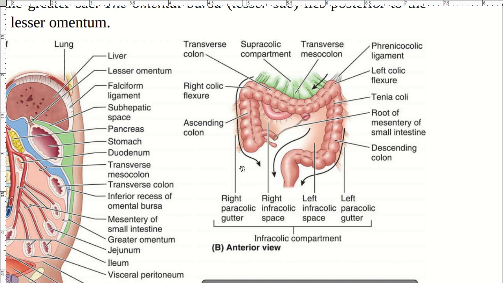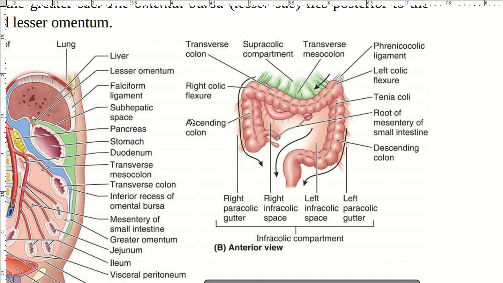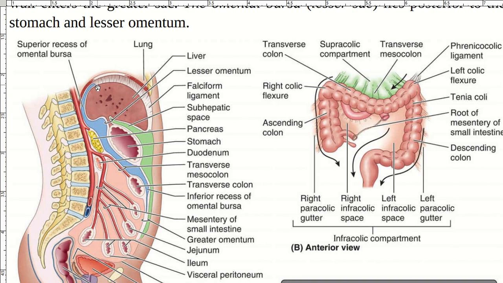You can actually see this pus going to reach your subphrenic recess, right? We also have what is called a subhepatic space, and a subphrenic recess, and yeah, so you can have your pus or your abscess from your appendix moving via these paracolic gutters going to rest in your subphrenic recess.